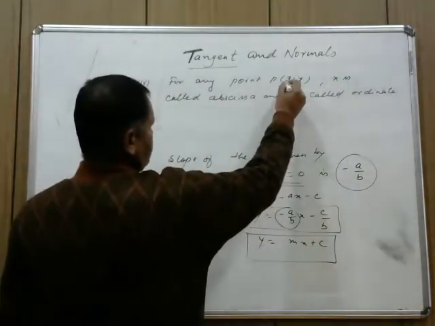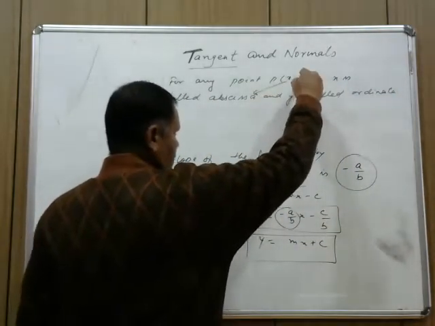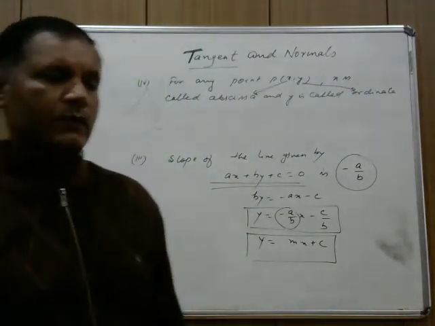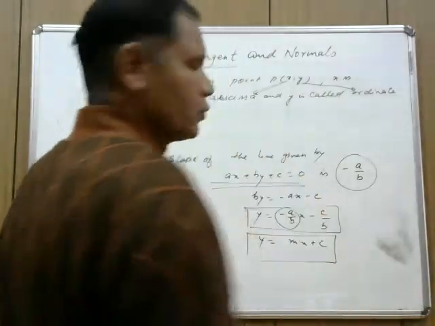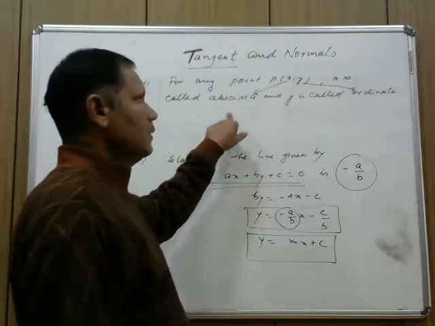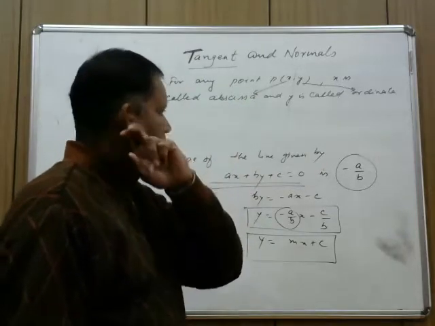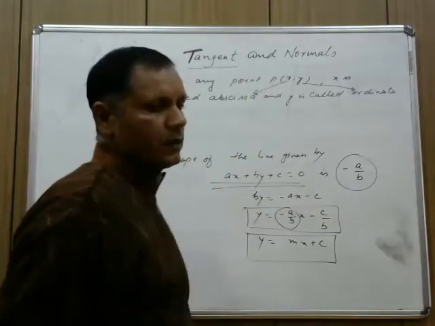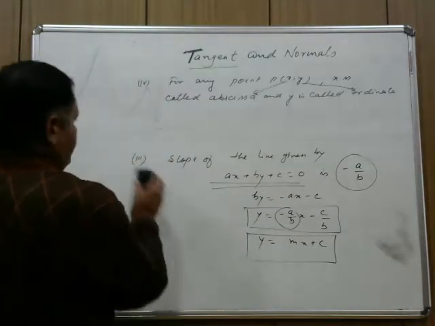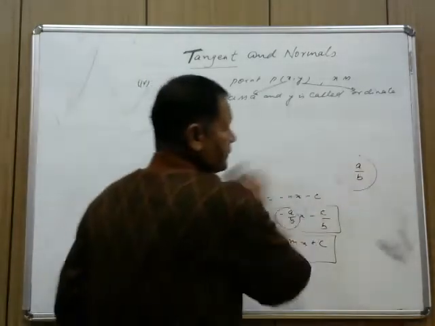That means x is abscissa and y is ordinate for any point. Suppose if the point is (2, 3), then 2 will be known as abscissa and the 3 will be known as ordinate, and together it is called coordinate, right? This is the fourth point. Now the fifth point.